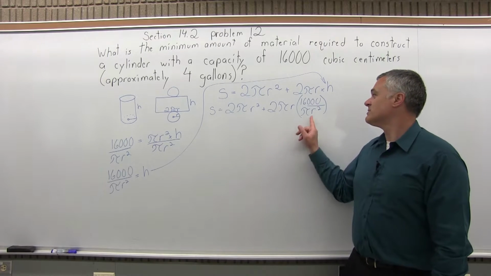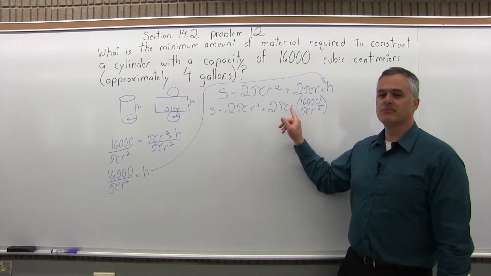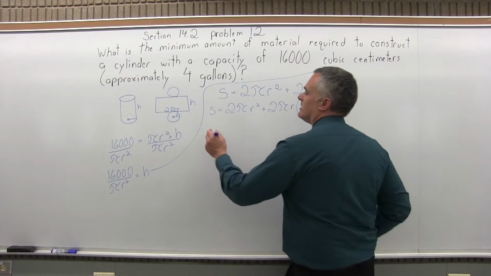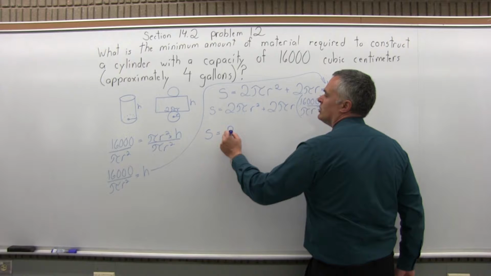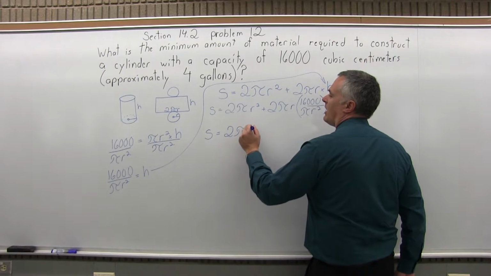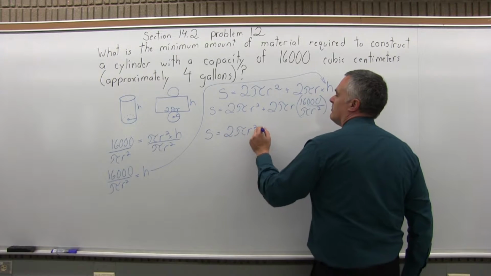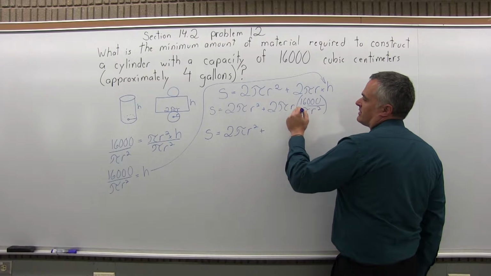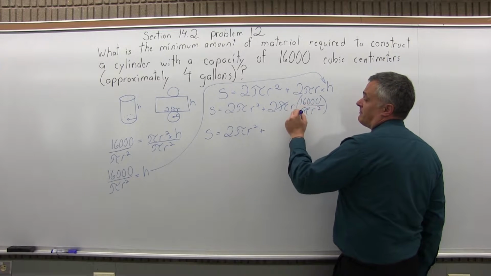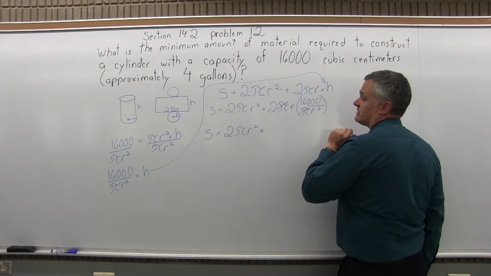Now before I do S prime, I can clean this up pretty well. So let me do S equals 2 pi r squared plus, well, this 2 I can't cancel with anything in the bottom, but pi in the top, pi in the bottom, I can cancel those.